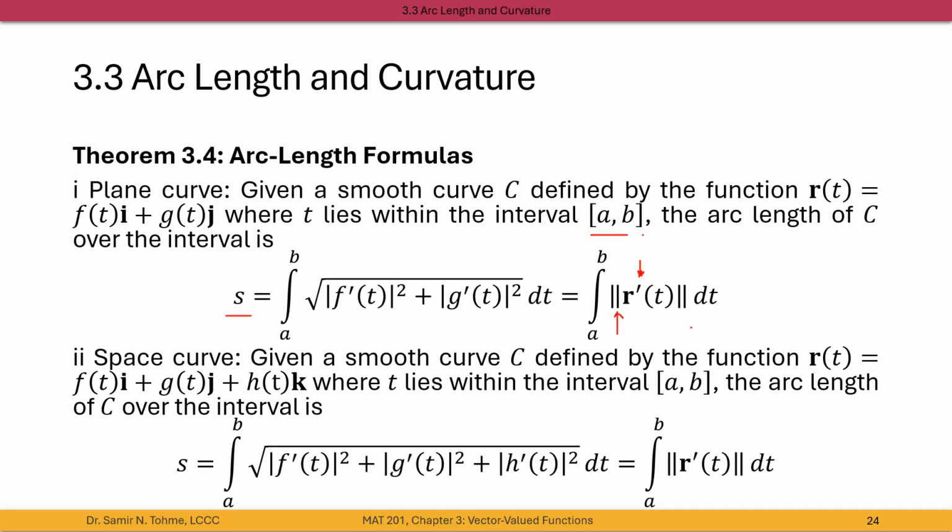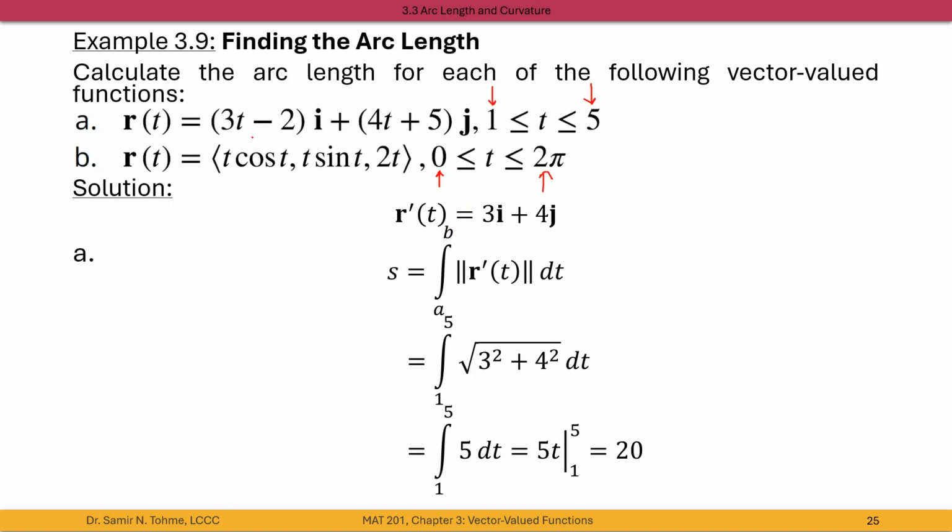Okay, now we will use this formula. So first of all, we need to calculate the derivative of r. The derivative of 3t minus 2 is 3, and the derivative of 4t plus 5 is 4. So this is the derivative. Now we want to calculate the magnitude.